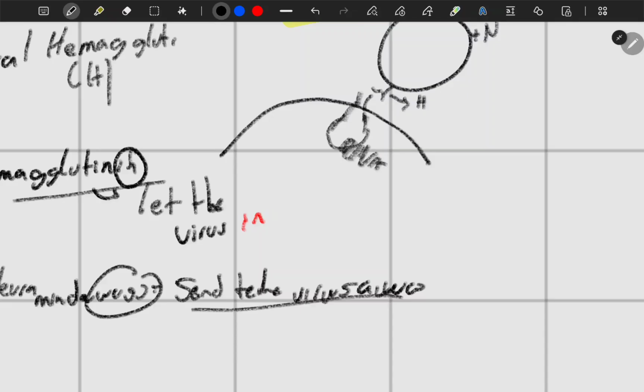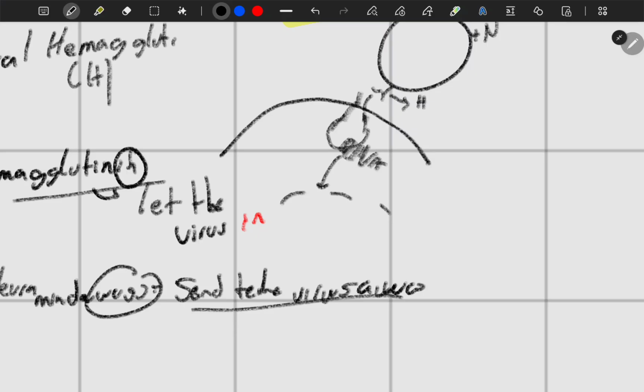The RNA is transported to the nucleus, where it's transcribed into messenger RNA by the viral RNA-dependent RNA polymerase.